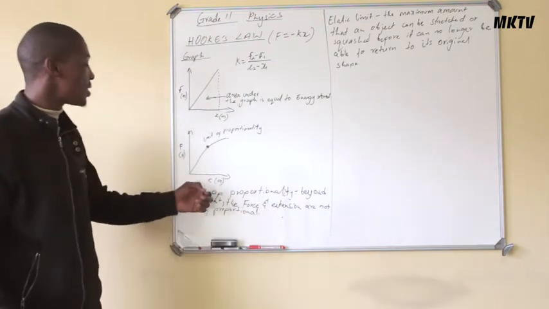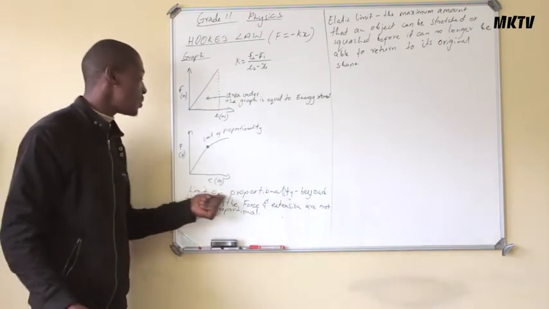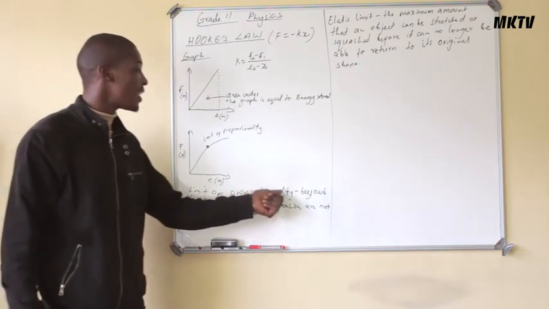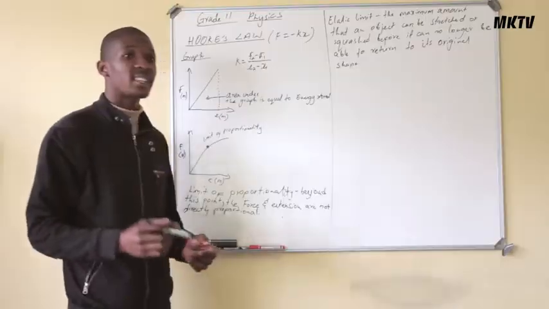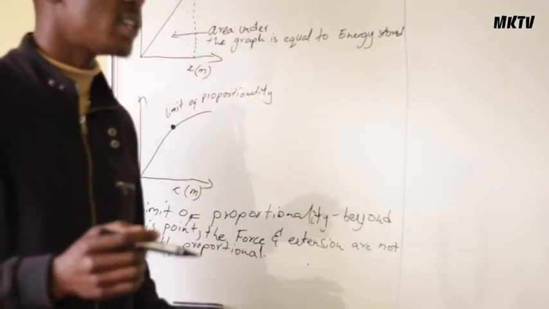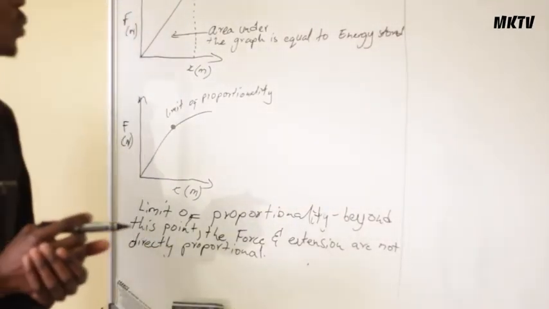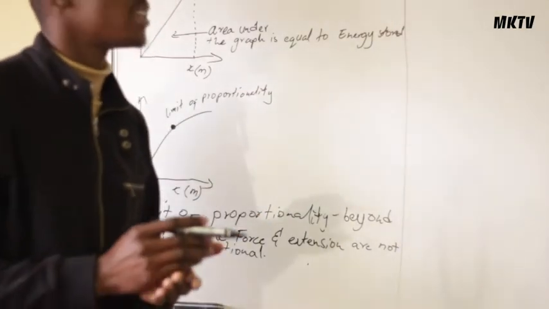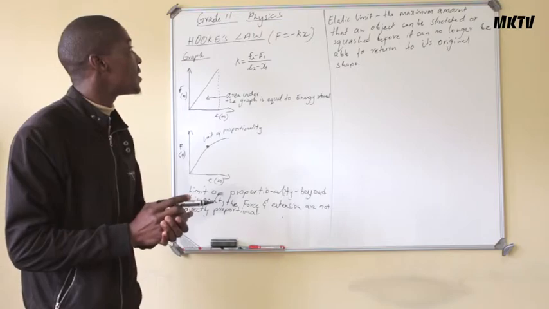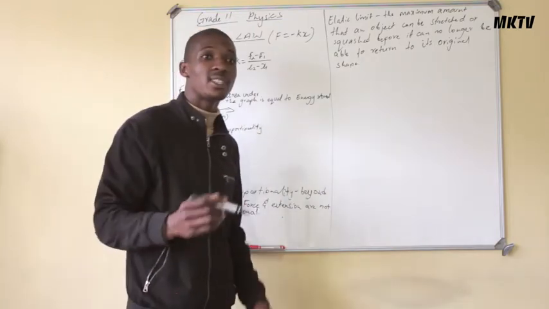Before that, let's define the limit of proportionality. Beyond this point, the force and the extension are no longer proportional. That means the rate at which the extension is increasing is not the same as the rate at which the force is increasing.